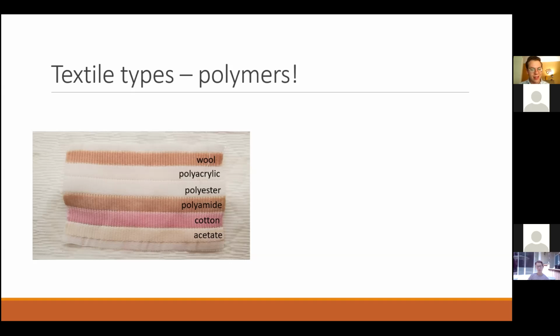You'll notice that my crude drawing from before doesn't really do this justice, but this has been dyed. And I've labeled each of these strips with the corresponding type of textile.